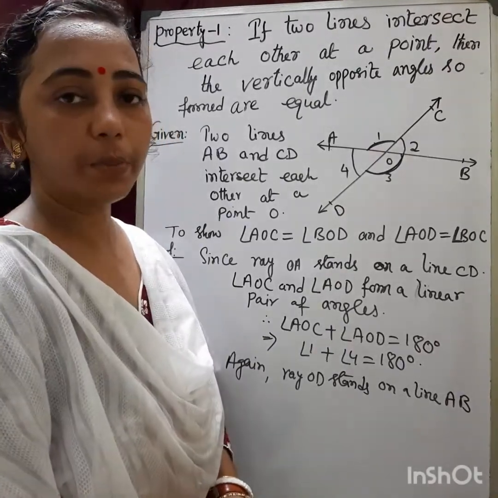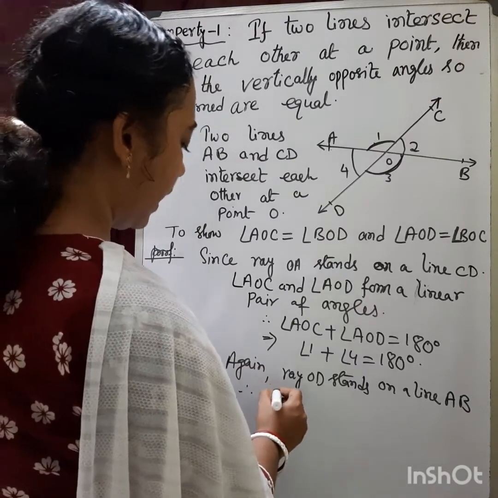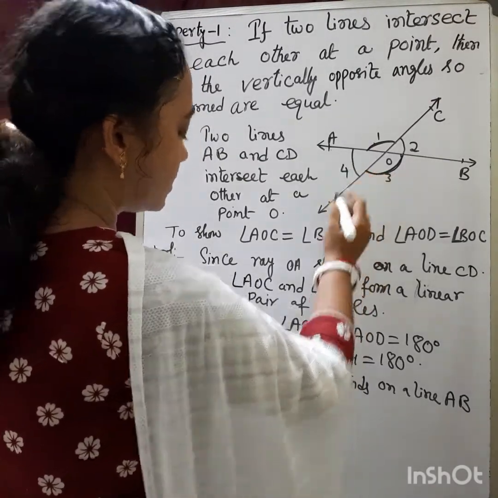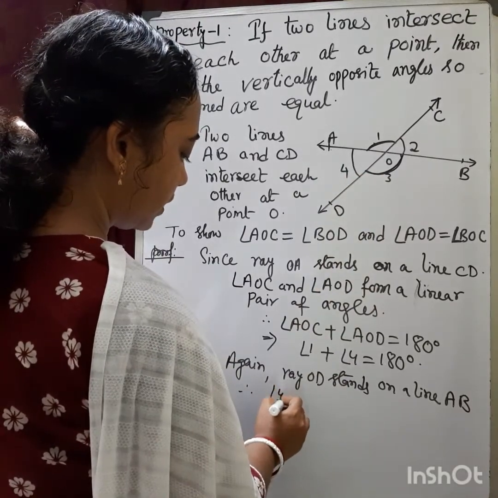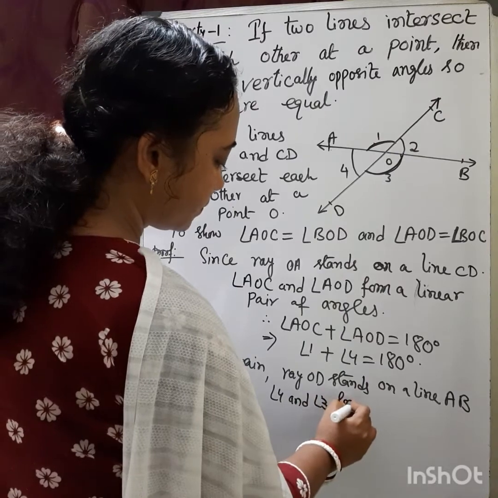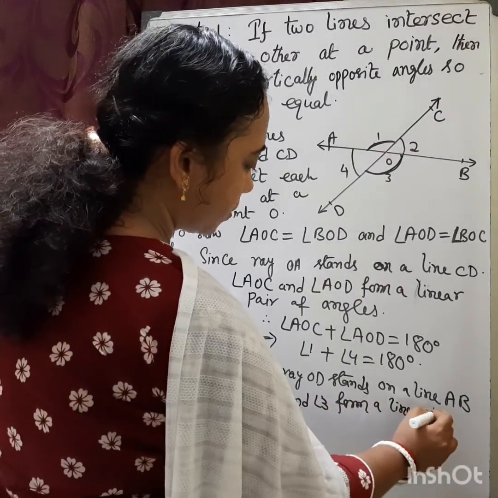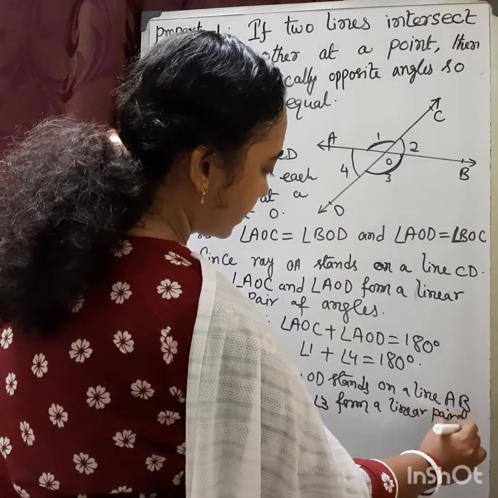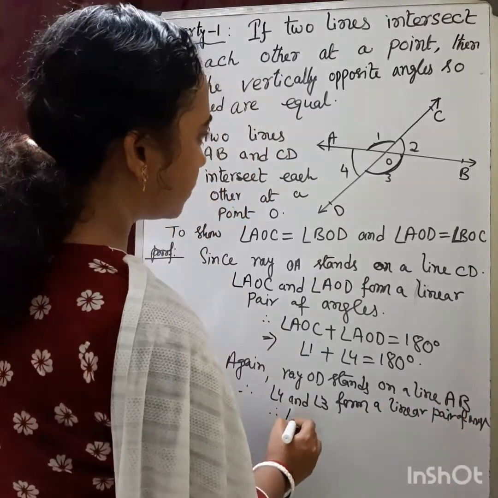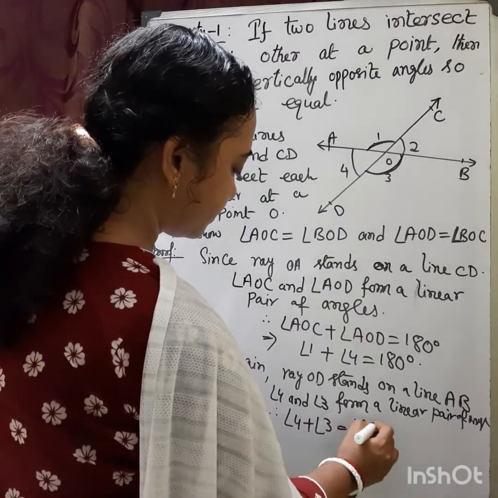So their sum will be 180 degree. So therefore, if we consider these two angles, that is angle 4 and angle 3, they form a linear pair of angles. So we can write angle 4 plus angle 3 is equal to 180 degree.